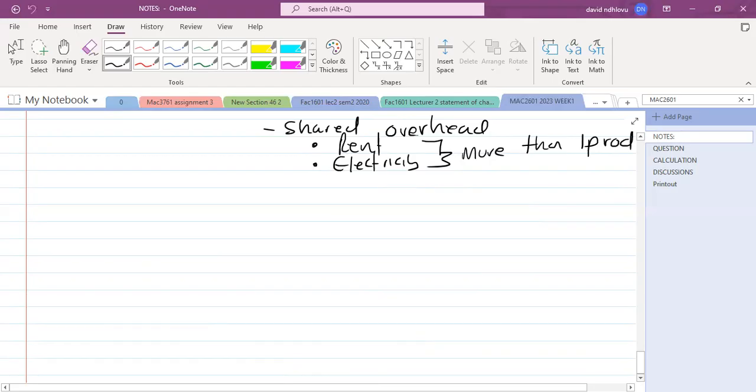When it is an overhead, it can either be direct or indirect. Now the question is, are you manufacturing one product or not? If you're manufacturing one product and the cost is incurred for that particular one product, that's a direct cost. But if you've got a number of products and the cost that you incurred is a shared cost, it's an indirect cost. So if I give you a long list of costs and I explain the nitty-gritties there, you should be able to split them very easily between the direct and the indirect cost. Right, are we clear?